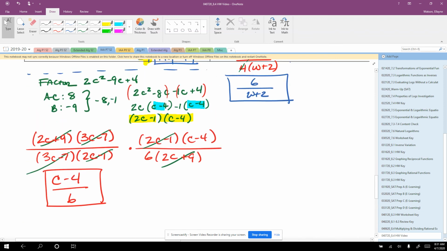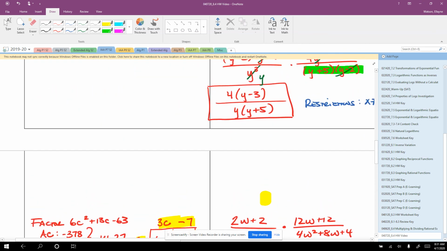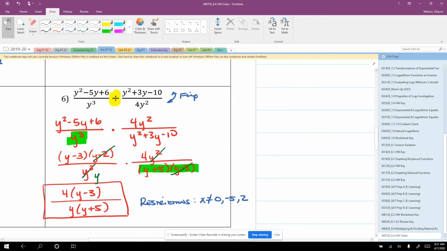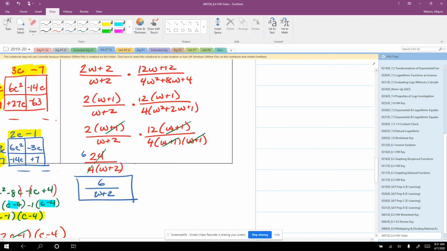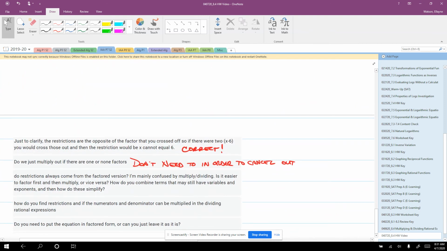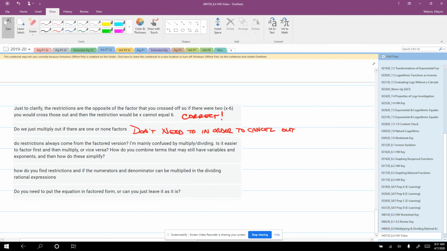Meaning, notice my final answers here, guys. Like here in number 6, I left it in factored form. I don't need to multiply that out. Now, whoever asked this question, if I'm not using the correct example, please let me know, and I can give a better answer.